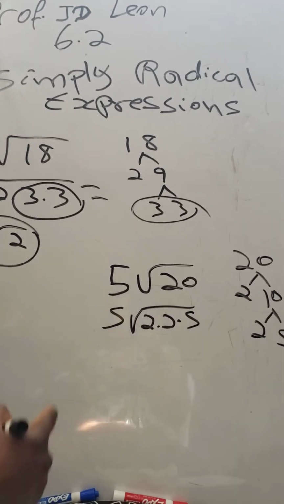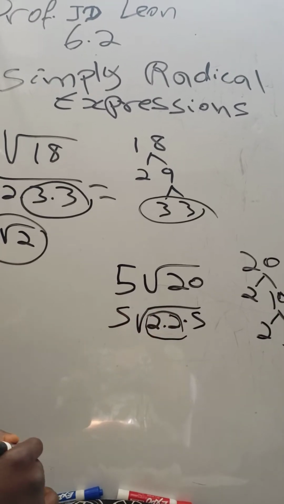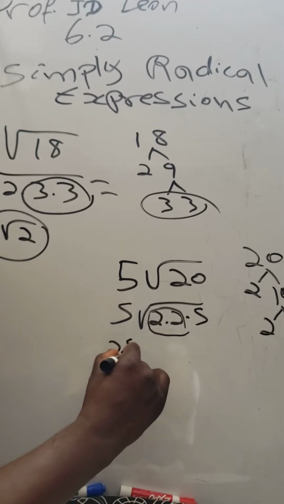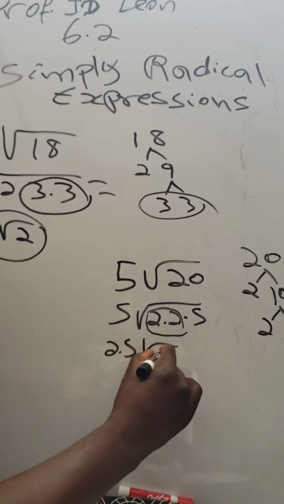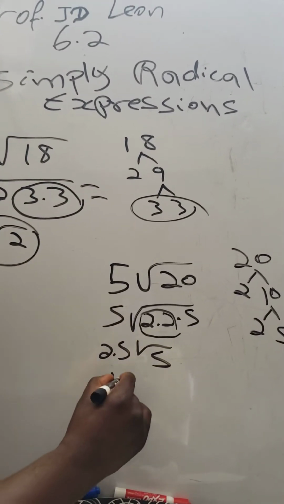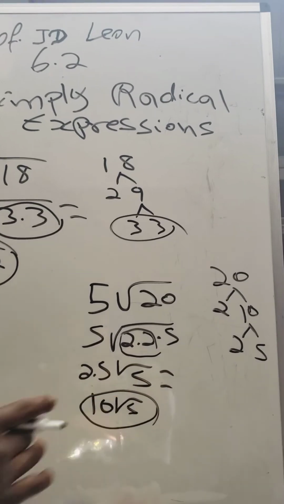All those are prime numbers. We have a pair of 2, 2 times 2. Because we have a pair, we pull one 2 out. So what we end up having is 2 times the 5 that we already have out, square root of 5. When you bring it out, you have to multiply it. 2 times 5 becomes 10, square root of 5, and that would be the final answer right here.